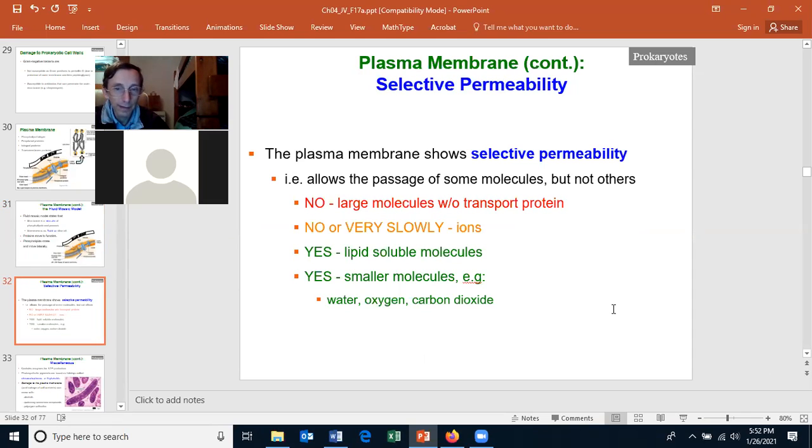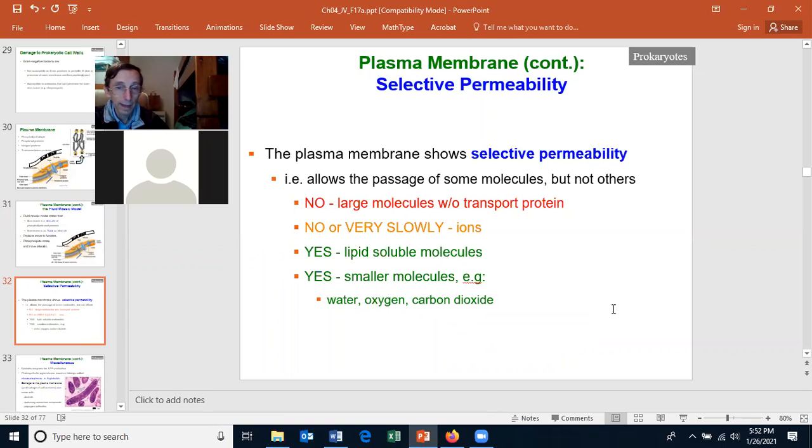Generally speaking, most ions do not move across the cell membrane. The exception is if there is a transport protein to move that ion across the cell membrane. For example, you might know if you eat a lot of potassium, potassium will bind to a transport protein and then be brought into the cell.